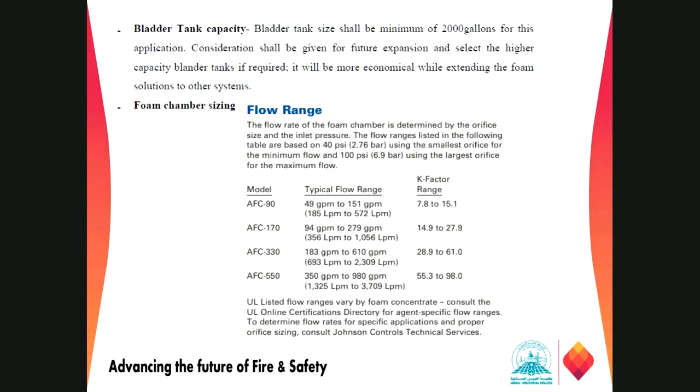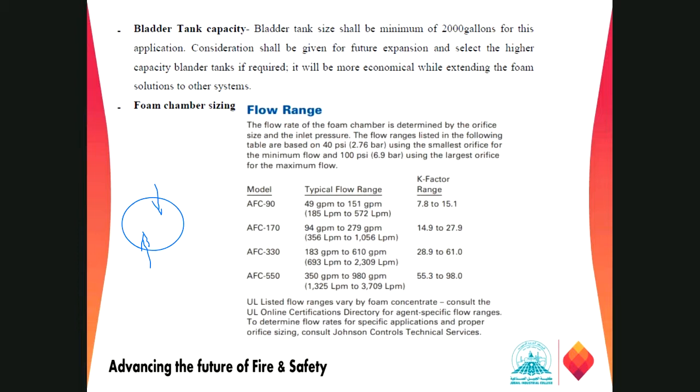And now coming to the foam chamber sizing. Remember we discussed a little while ago that we need two foam chambers, which is around 1,200 GPM divided by 2, meaning around 600 GPM from one foam chamber.